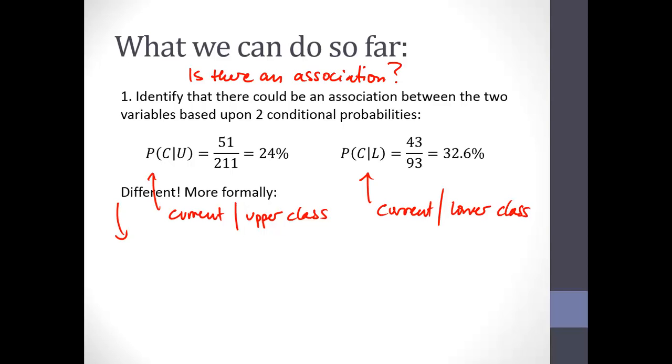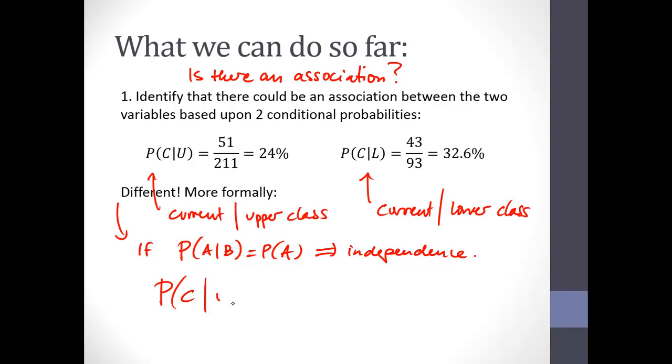Remember that if the probability of A given B equals the probability of A, then we have independence. What we can see here is that the probability of being a current smoker given being in the upper class is 51 out of 211, or 20.24.